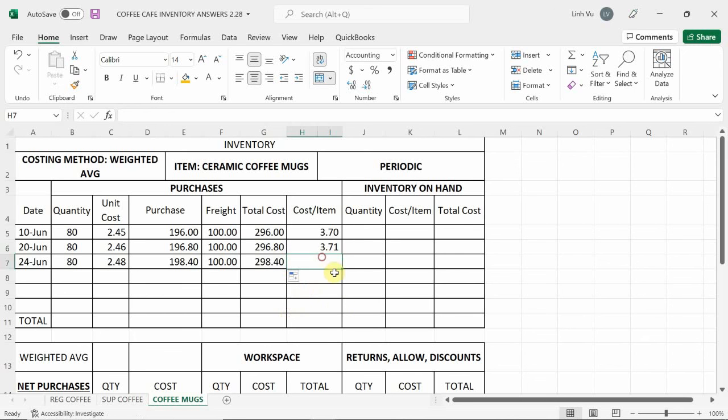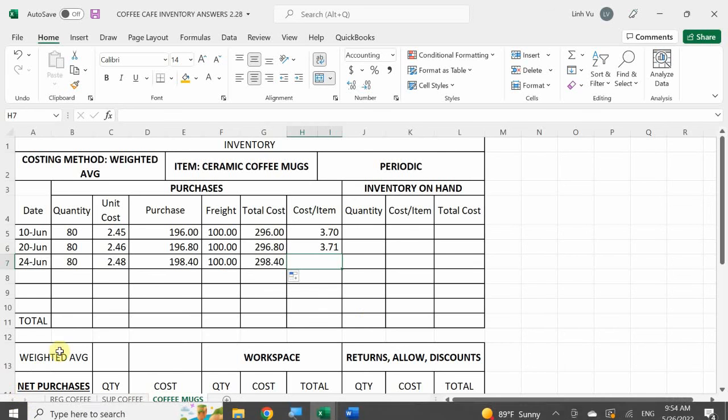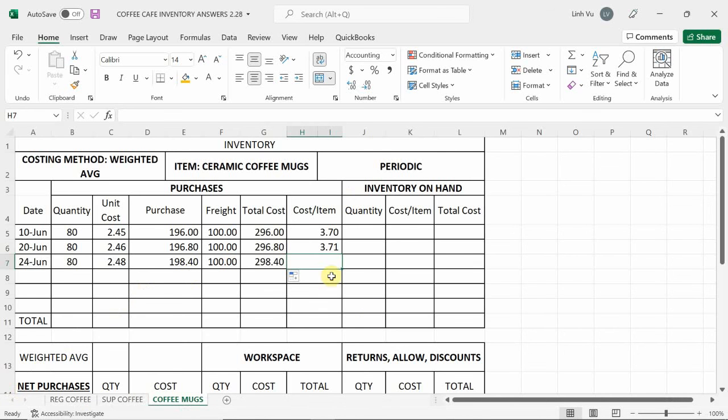$298.40. So in this case, for practice purposes only, how much is it going to cost me per item? $198.40? No, cost per item.